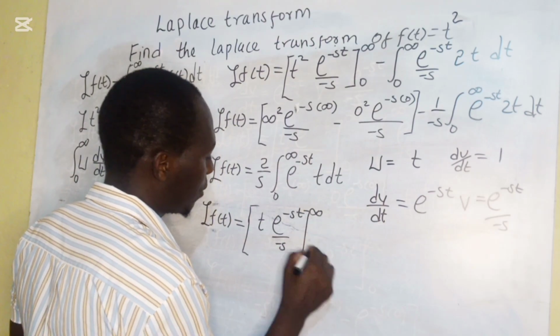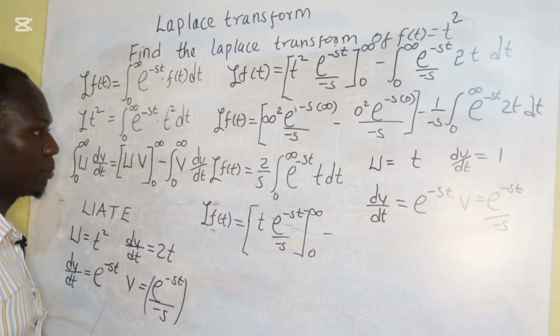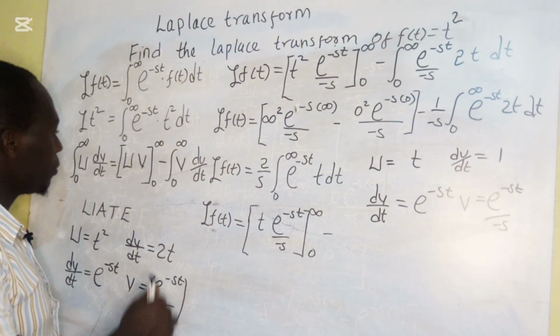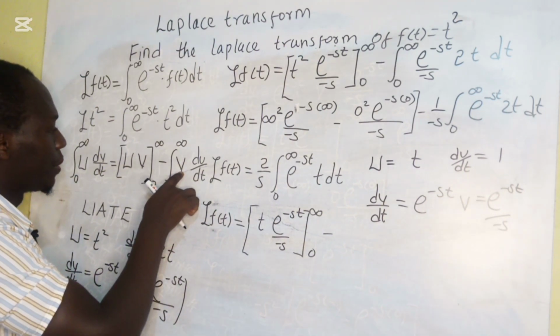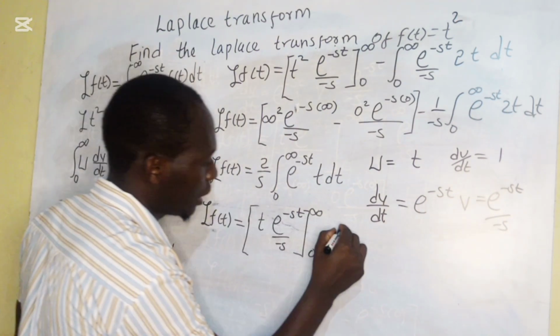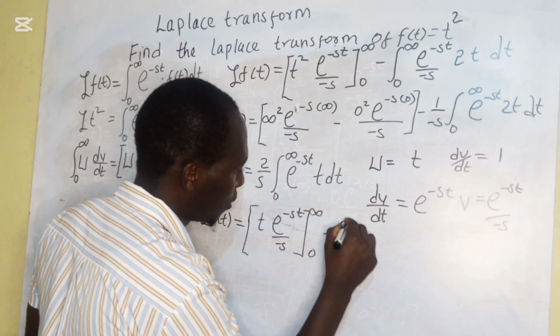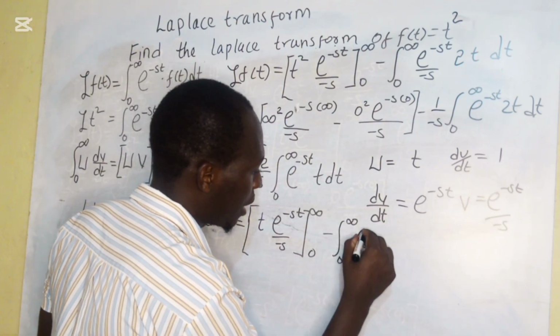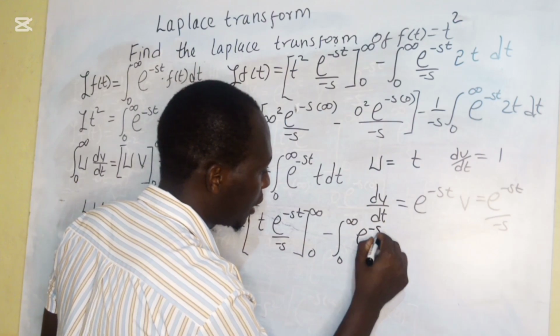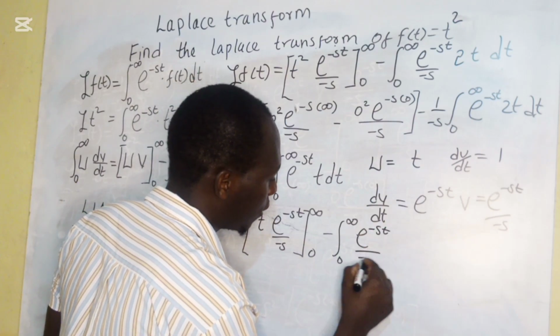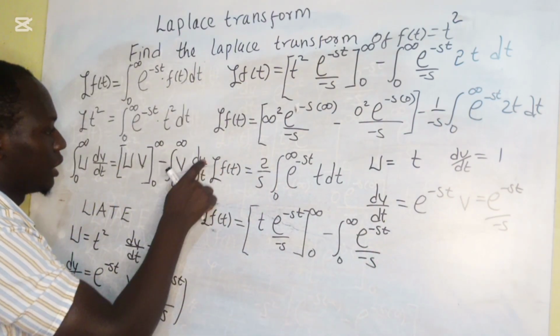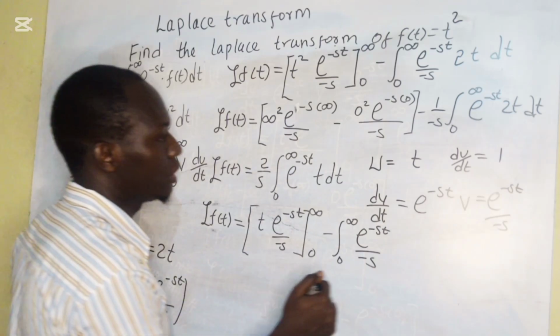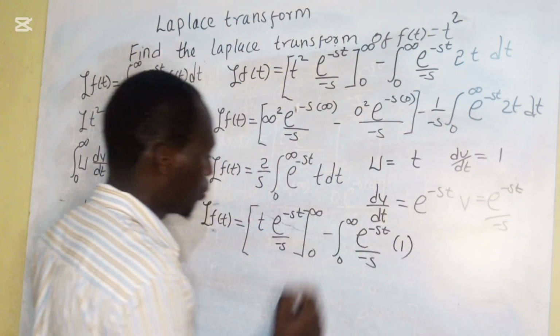We come and have our class limit, we subtract from v an integral of v. Our v is equal to exponential negative st all over negative s, du with respect to dt is equal to 1.